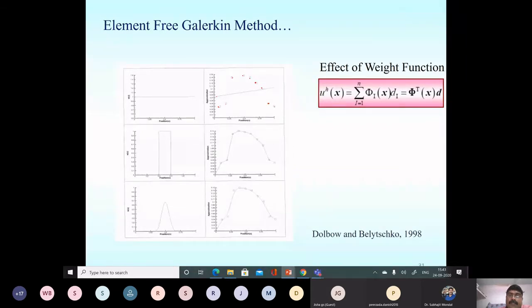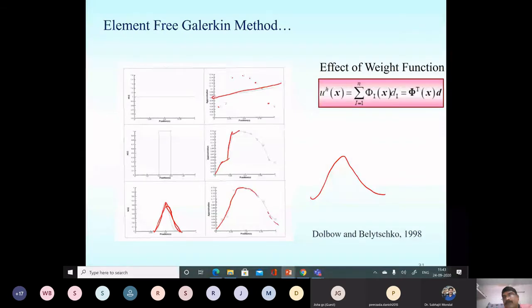But if you take a weight function something like this, a Gaussian kind of thing, or a cubic spline kind of thing, a very smooth function like this, you are getting a best fit line, and the curve is so smooth. The continuity and differentiability of this particular function is dominated, instead of in FEM where the basis function determines that, here the weight function determines that.